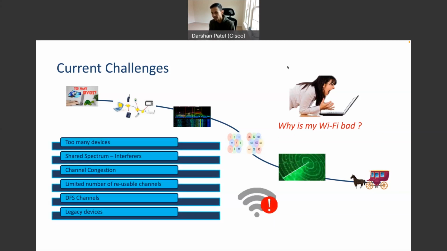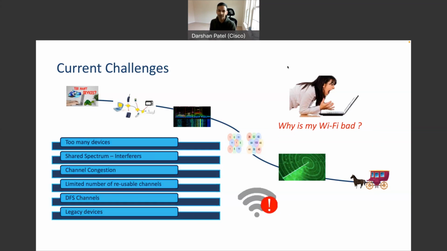Yes, 40 megahertz, we have seen our customers using it, but that is also limited. So that's channel congestion, DFS, and on top of that, old legacy devices. I still remember even a year before, we continued to support the 802.11b data rate as a minimum requirement because customers had barcode scanners that they could not move. And that's where we require a clean picture moving forward.